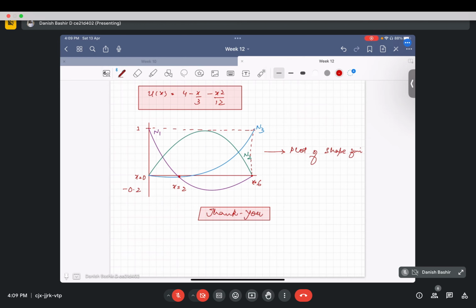Thereafter, I moved to a Lagrange interpolation function, wherein I showed you how to write the shape function for any ith node of an element with n number of nodes. Then we solved two problems. So I think this is enough for today's class.